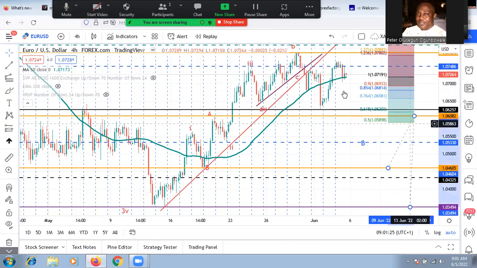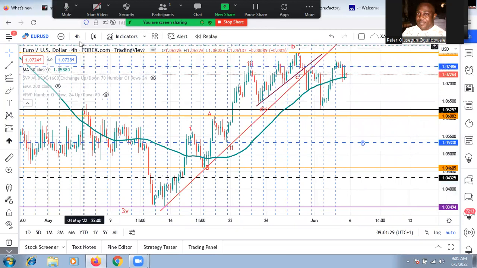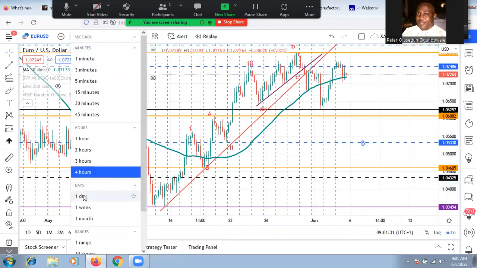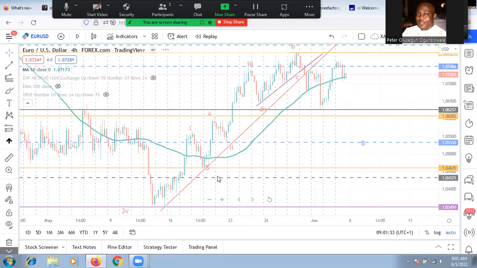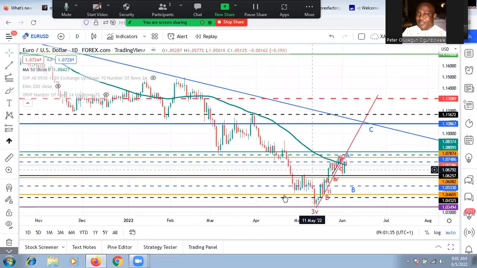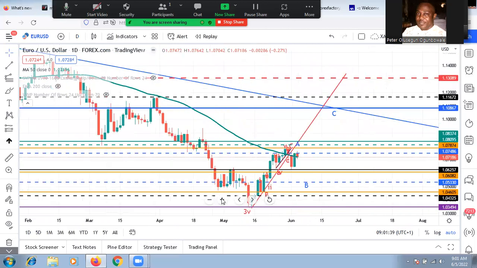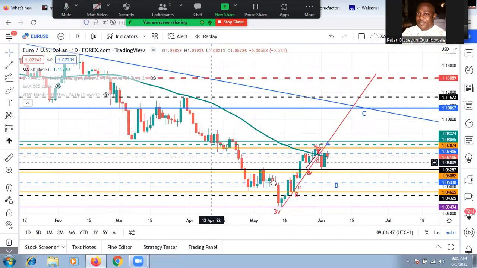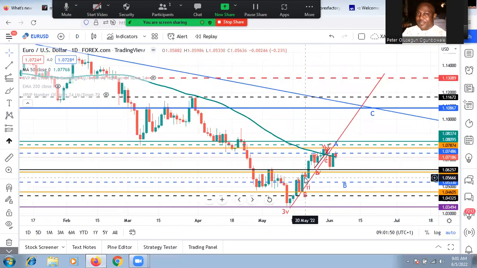So let's look at it again on the upper time frame. So the upper time frame, it's like we divide it into 3 sections. And the first section is here that marks where this one got to.